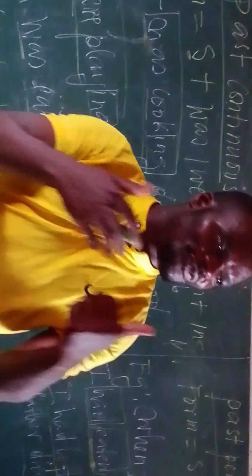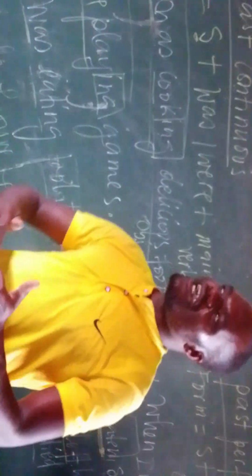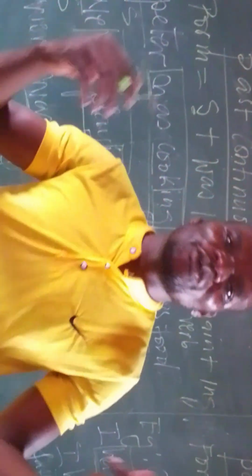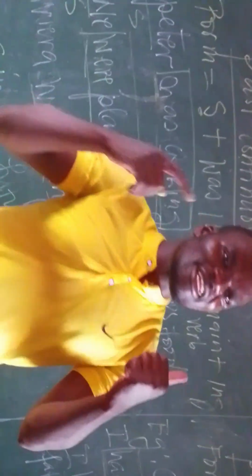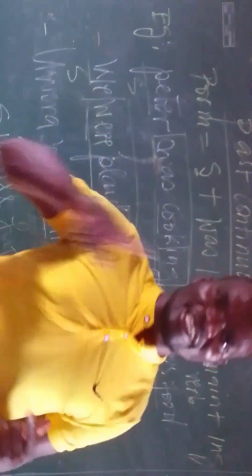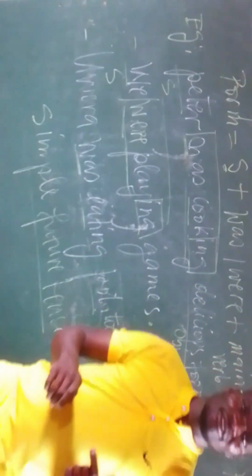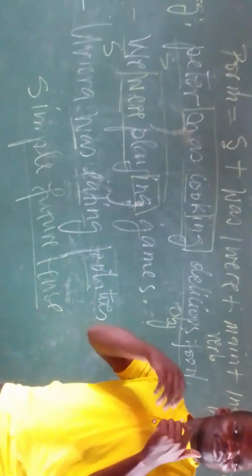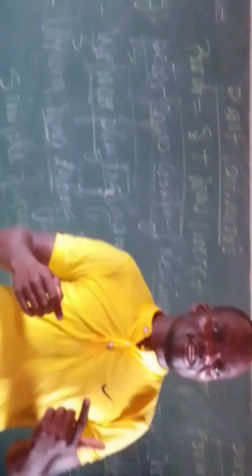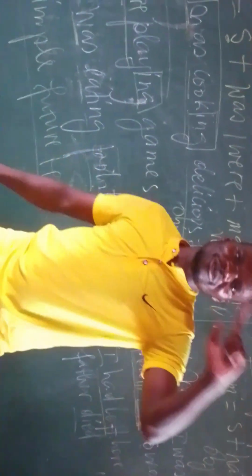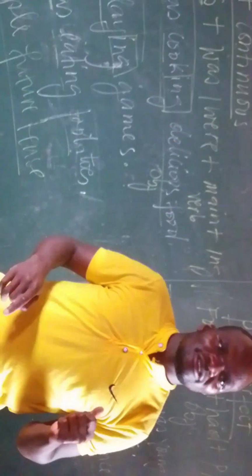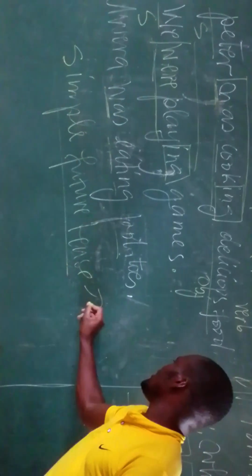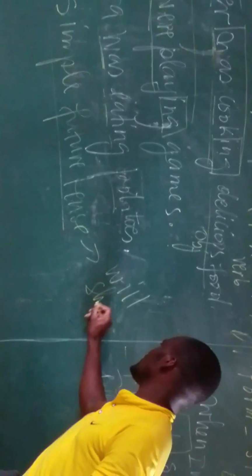It is a tense which shows us an action which will take place in the future, the coming moment, coming days. Simply, it is the tense that shows us actions that are going to happen or that will happen, actions which are going to take place in the future, right?